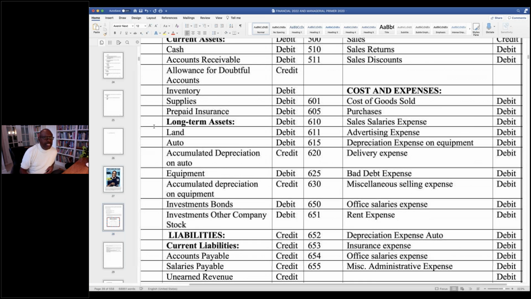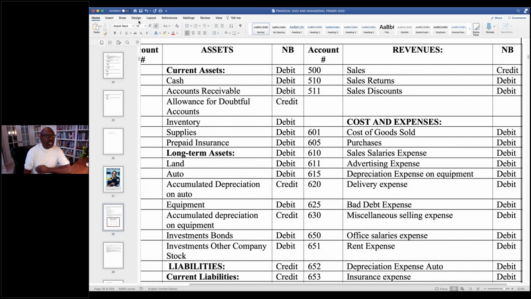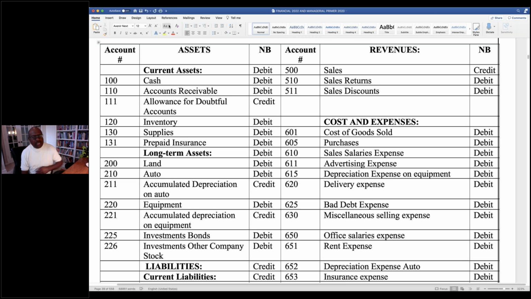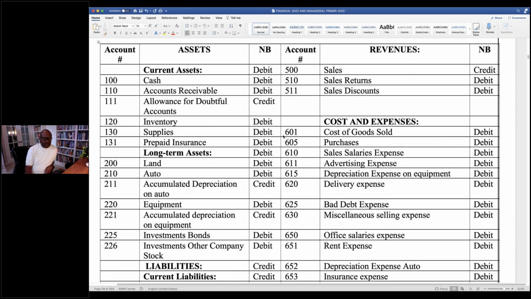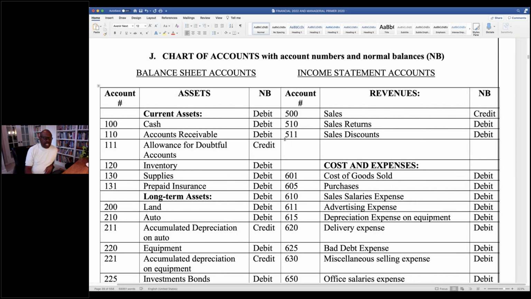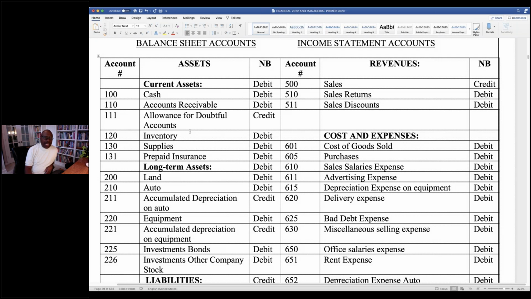There are numbers here. Let me go down here. So you can see when you make a journal entry, there's an account number and the account.